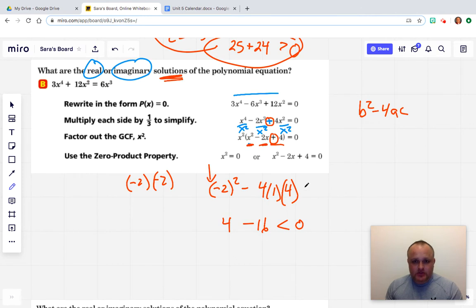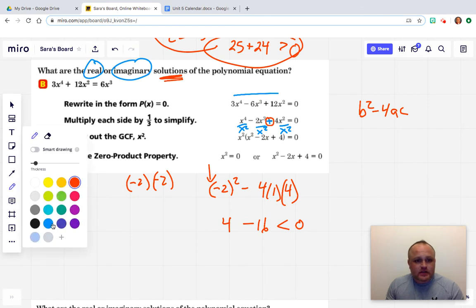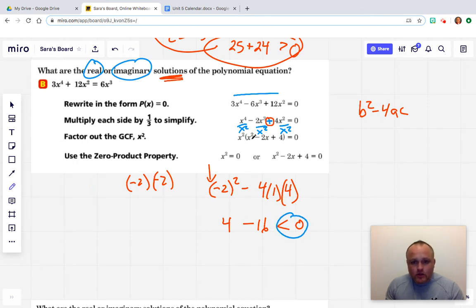Let me color coordinate this a little bit. Because this is negative right here, we're going to have 2 imaginary solutions for this and 1 real solution for that. So x squared is equal to 0. It's like saying, square root both sides to get x by itself.